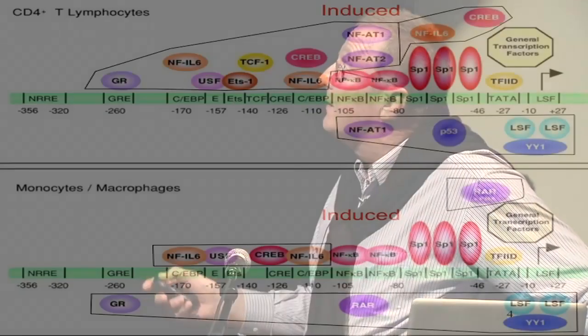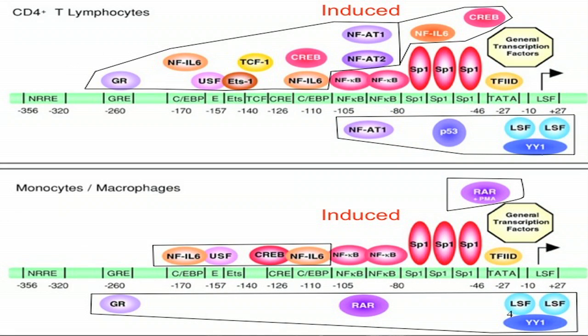The other thing I have to introduce is that the long terminal repeat of the virus looks like any cellular promoter. You can exclude most of what's in the box here and concentrate on NF-kappa B, 2 sites, SP1, 3 sites, and the TATA box, and that's true for both T cells and macrophages.